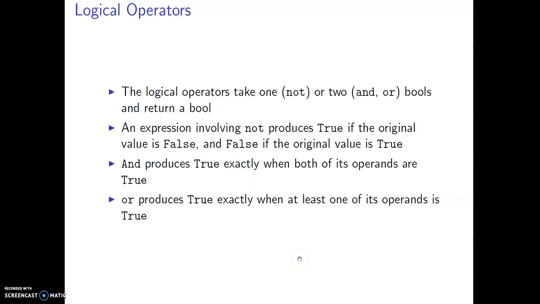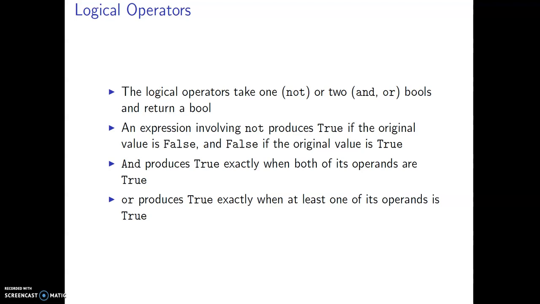With a logical operator, you can take one and apply a not statement, which will produce a true if the original statement is false and a false if the original is true. That's like the exclamation point in R. Or you can combine two or more Booleans and you get back a Boolean.